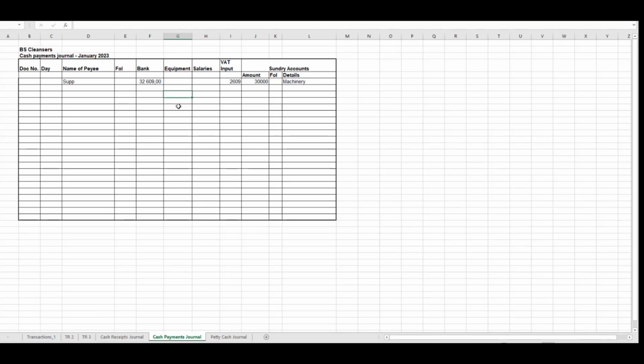Mr. Andre Johan Botha: Sir, that machine, is that not equipment? Do we not record it in the equipment column? Either way, because you've got the column there. I get what he's saying.